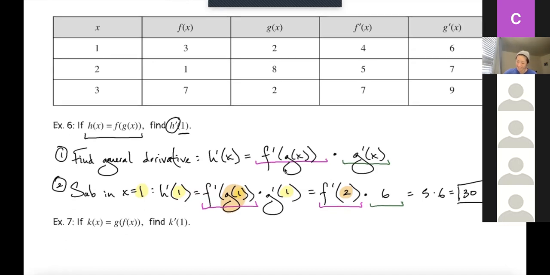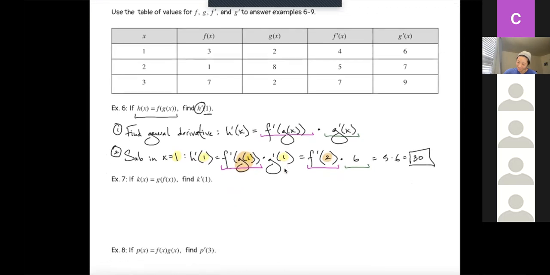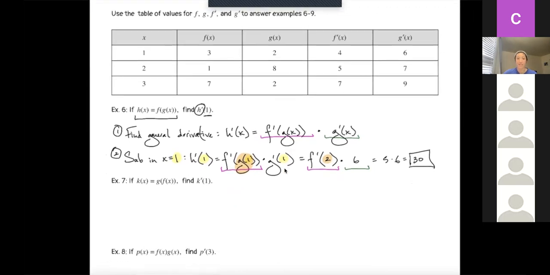Okay, all right. So let's take a look at number 7. This time we don't have an h of x, we have a k of x, and k of x is defined to be g of f of x. What's different?